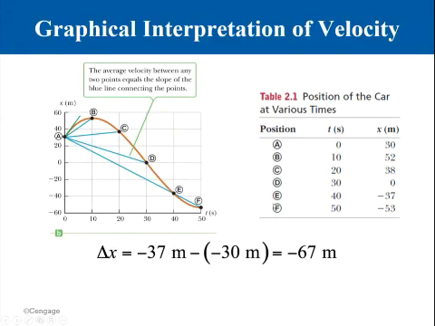If you take between E and A here, for E, the displacement is minus 37 meters, and for A, minus 30. I think this equation is not right. We need minus 30, that is the position for A, that is positive, not negative.